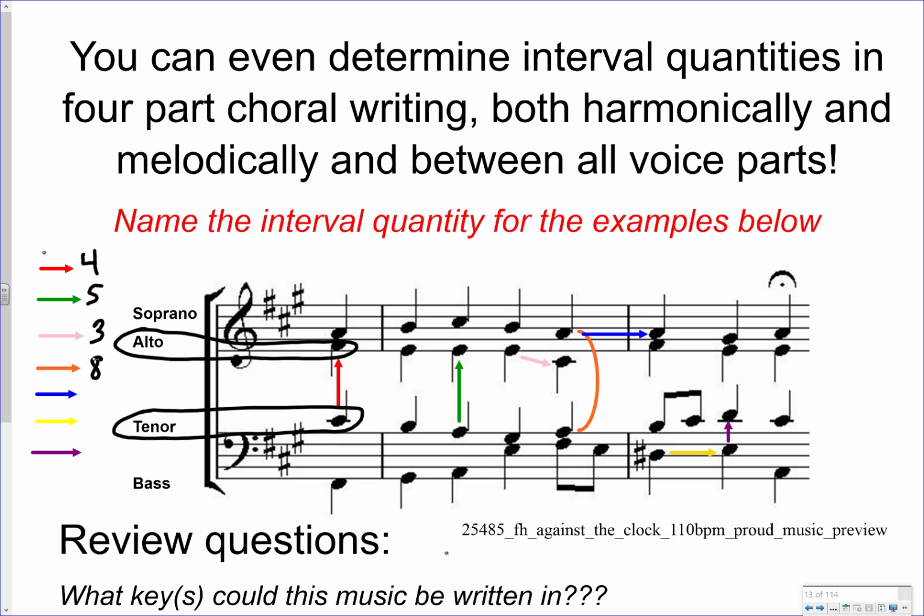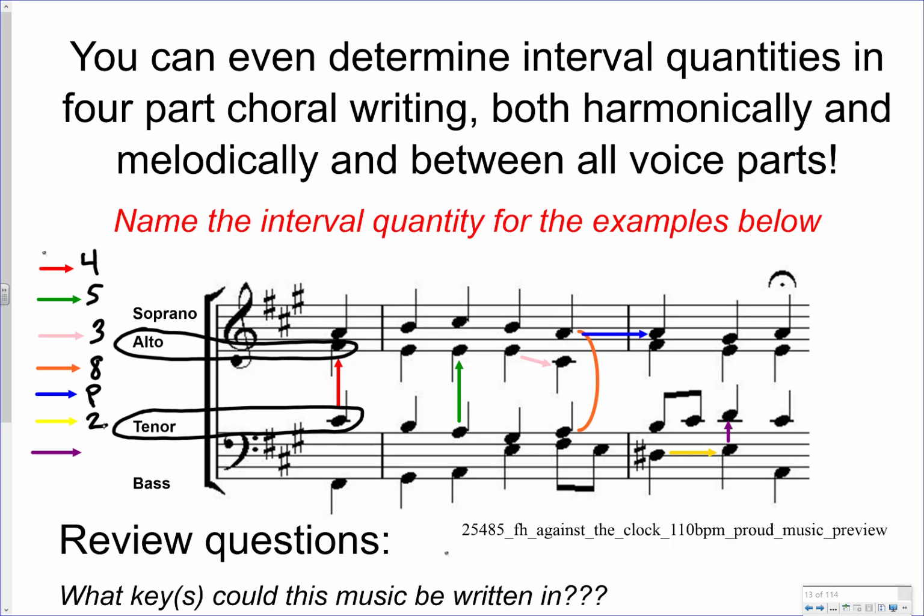Our blue arrow is in the soprano voice, staying on the same note, A to A, so that would be prime. Our yellow arrow is all the way down in the bass voice. It's a melodic interval, and we have a D to an E, and that is going to be a second.